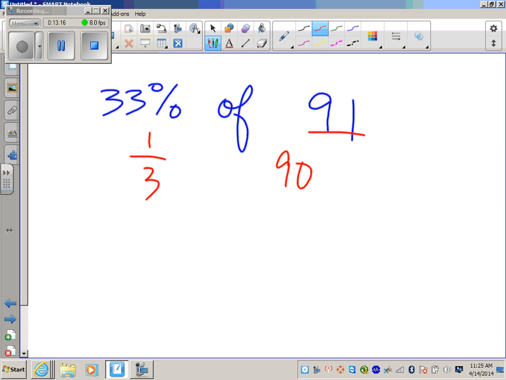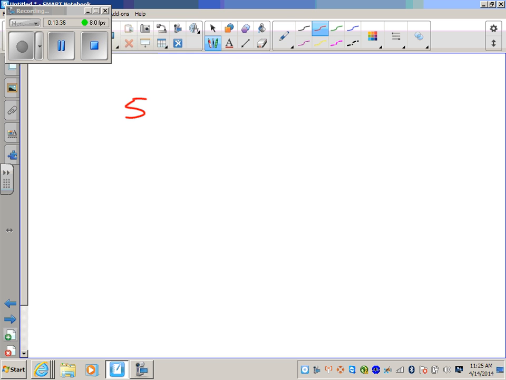What is 90 divided by 3? What's 9 divided by 3? 3, with the 0 is 30. How many 30s do I need? There it is. That's it. Now, you'll see a couple that are a little bit tricky.